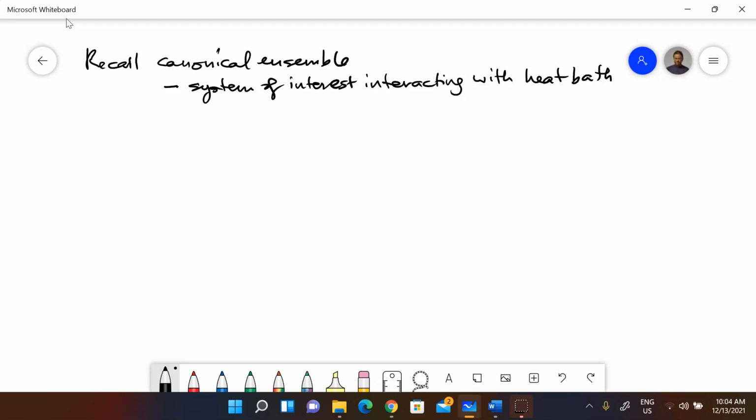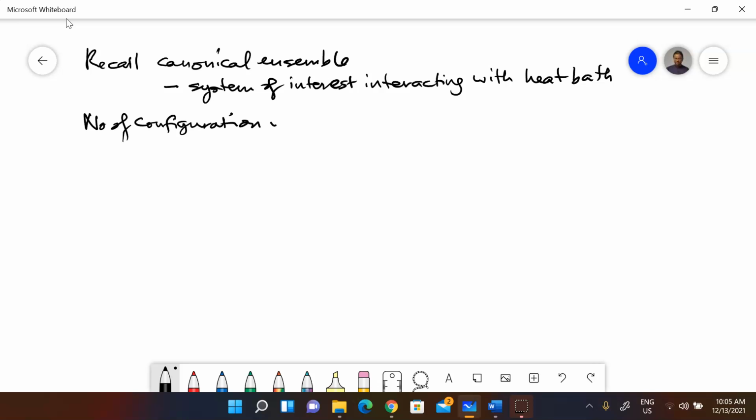And we have looked at various different formulas. One of the formulas is the number of different configurations with some energy. You remember that your system is exchanging energy with the heat bath, but the system itself will have certain energy levels. So let me just write it down first.